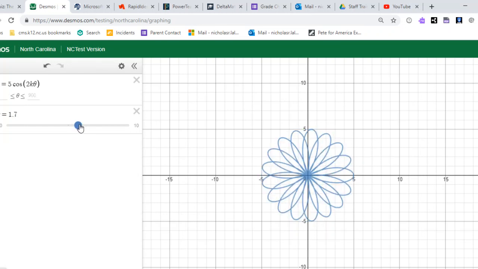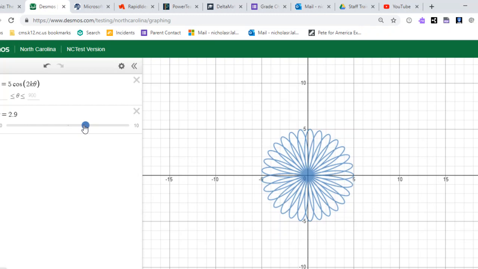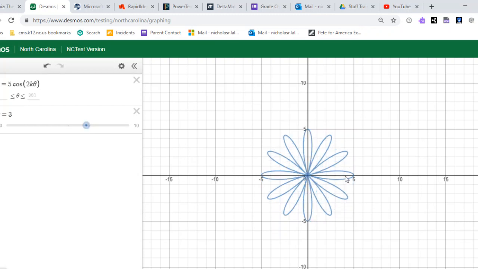When k is equal to 2, we have 8 petals. 1, 2, 3, 4, 5, 6, 7, 8. When k is equal to 3, we have 12 petals. 1, 2, 3, 4, 5, 6, 7, 8, 9, 10, 11, 12.